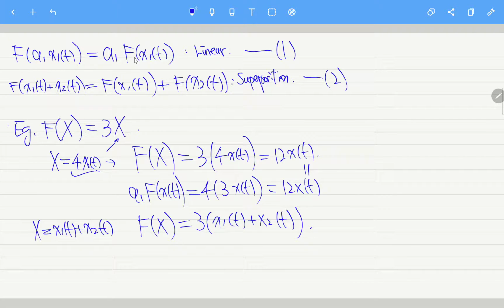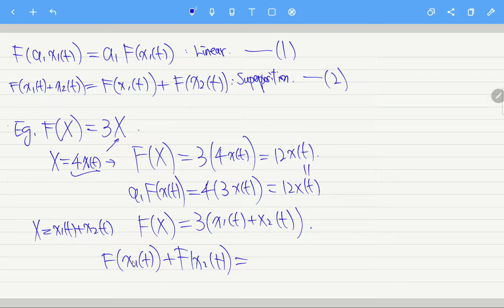And the other case is f of x1 of t plus f of x2 of t.